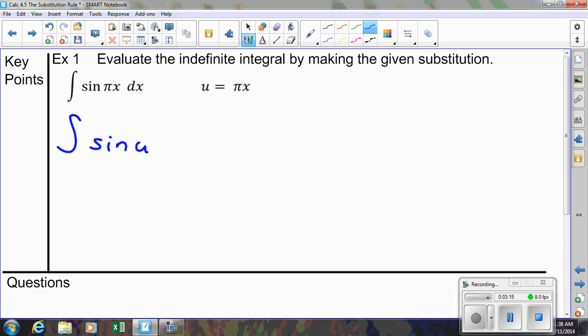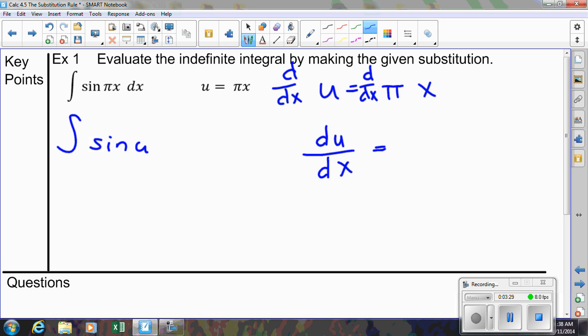If we have u equals pi x, and we take the derivative with respect to x, we get du dx. And what's the derivative of pi x? Just pi. From here, we can multiply by dx, which gives us du equals pi times dx.